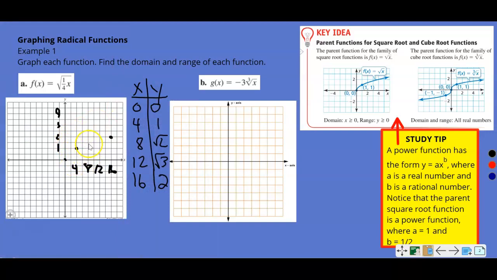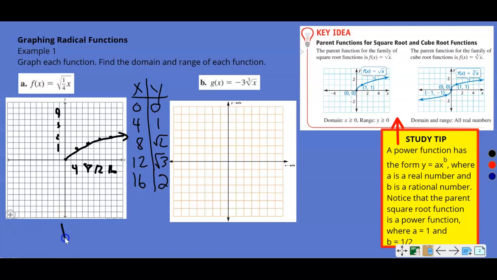So 1.41, and at 12 would be 1.73. So again, it's going to be points that fall along that curve. So that is what that would look like if you sketch that curve.